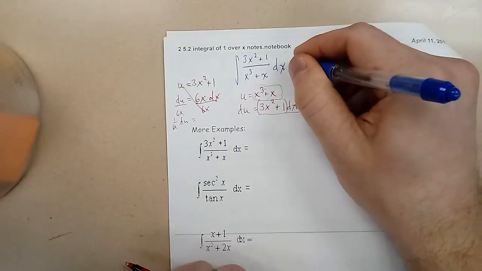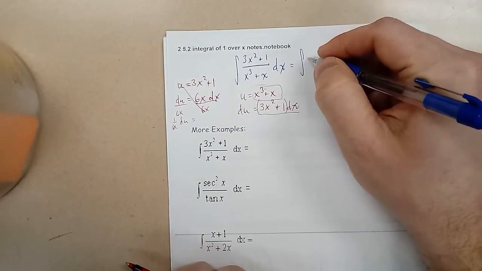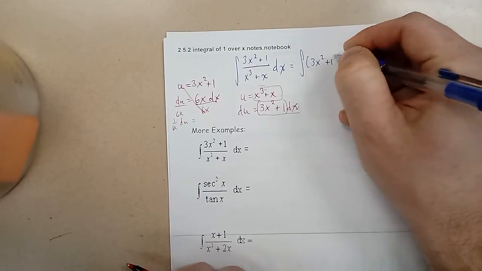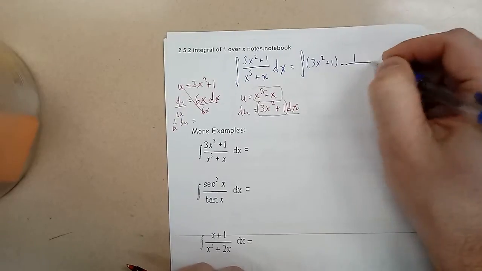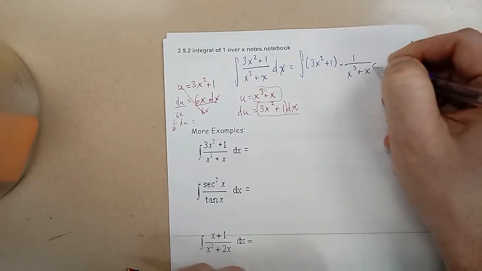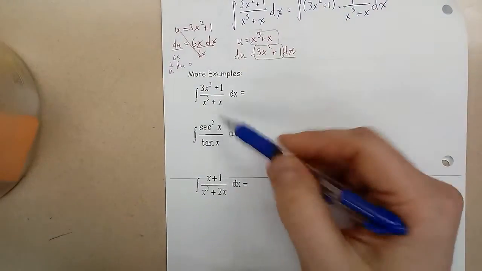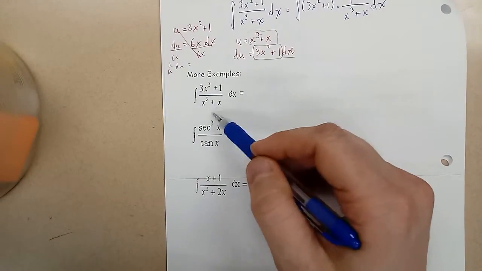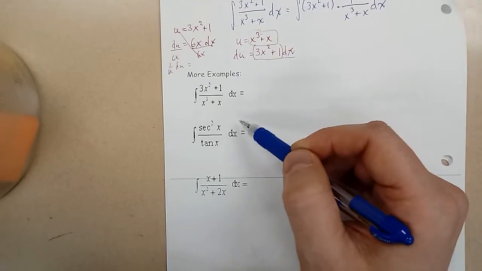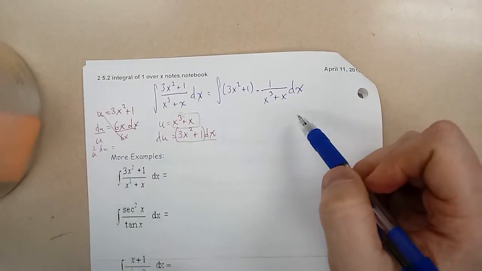Remember, I can really think about this as 3x squared plus 1 times 1 over x cubed plus x dx. All of these, I can think about as the numerator times 1 over the denominator. They're really two separate things.